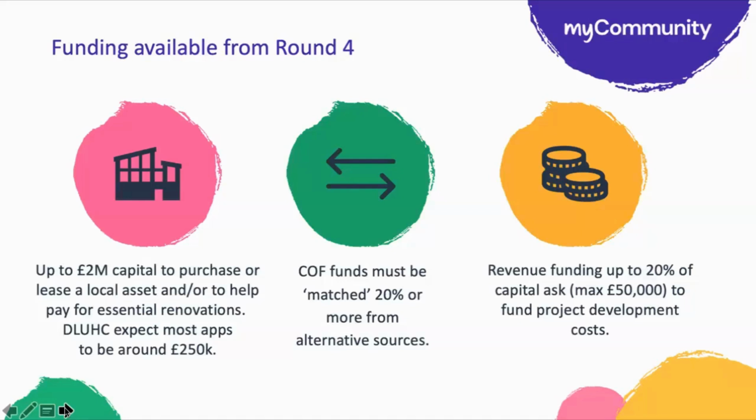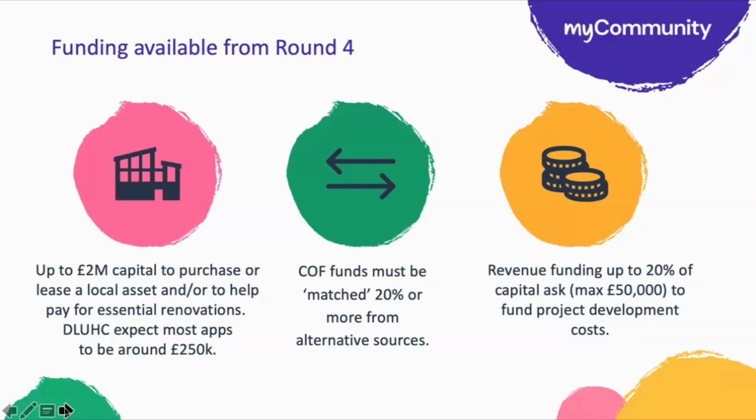There were a number of changes in the last round which still apply to round 4, the next round. The total capital ask went up from 1 million to 2 million. The introduction of parish, town and community councils being eligible to apply was a change from round 3.